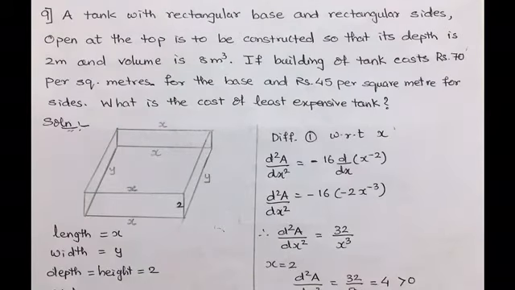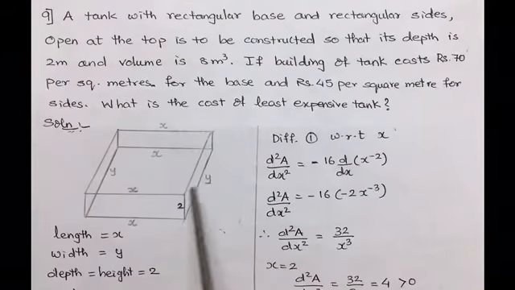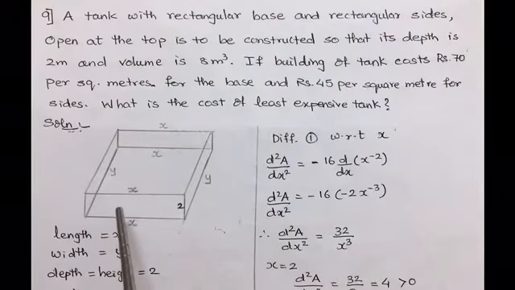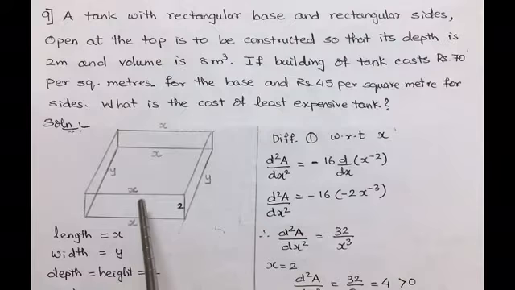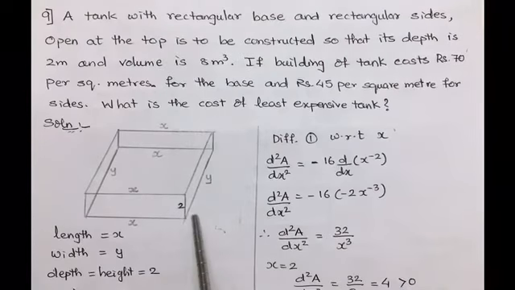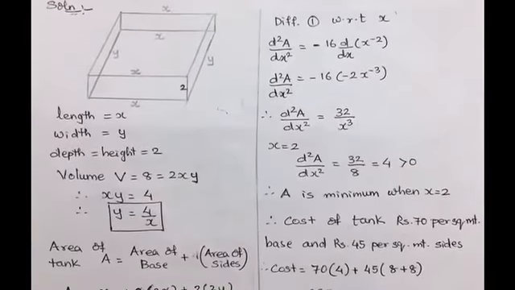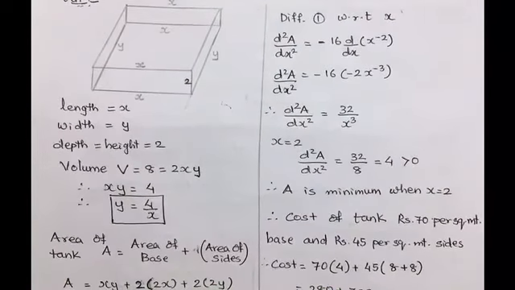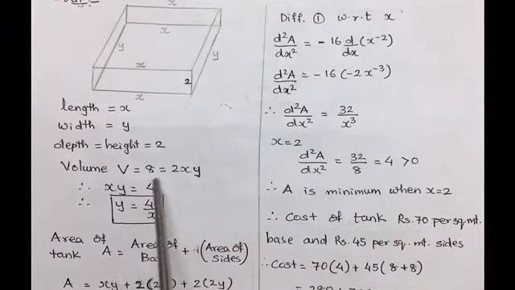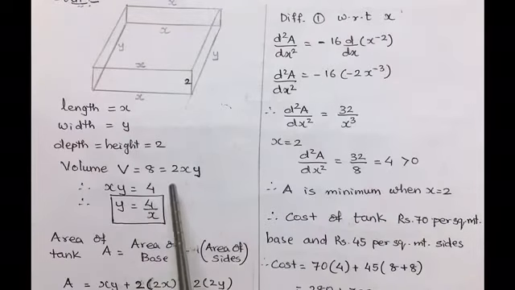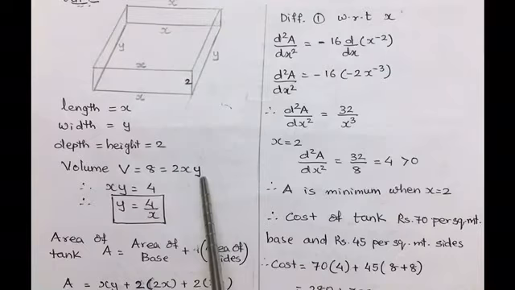Now, taking up the dimensions of this tank, as it is rectangular, length we have assumed as x, width is being assumed as y, and the height, that is the depth given, is 2. Now volume, which is constant, is calculated as length into breadth into height.